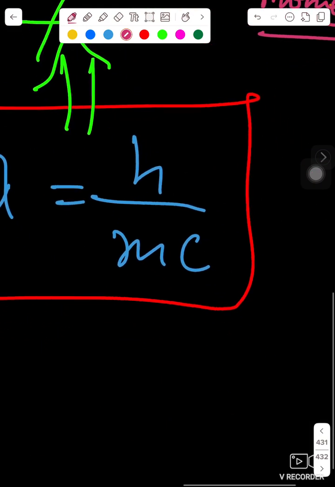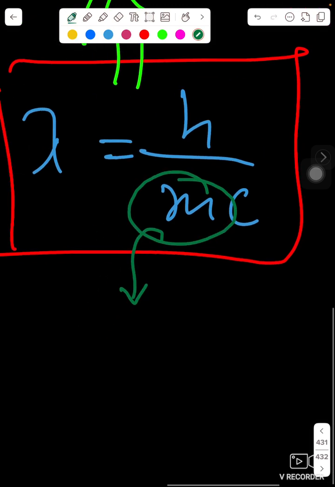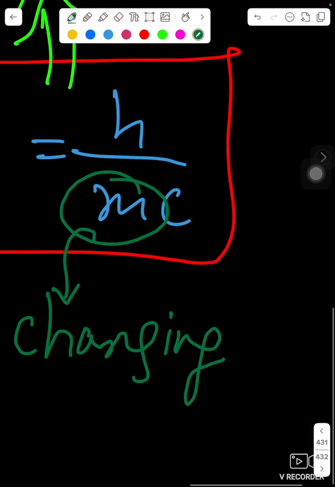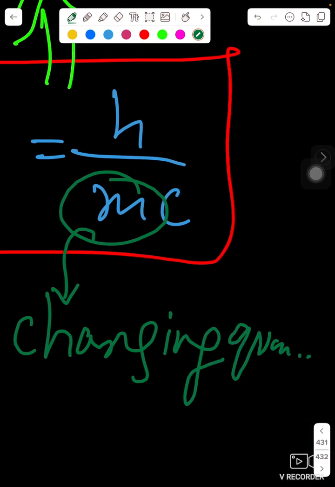But here, our only changing variable is mass. So our independent, changing quantity is mass.